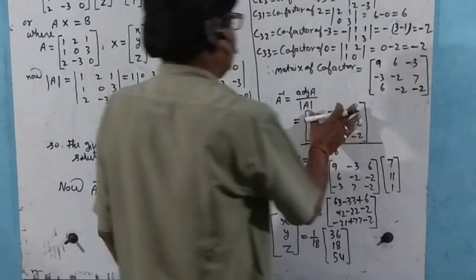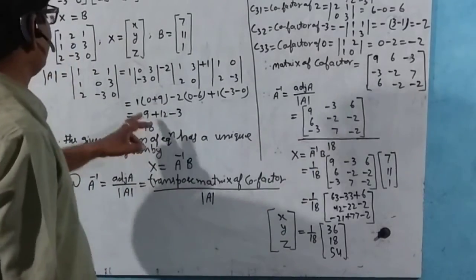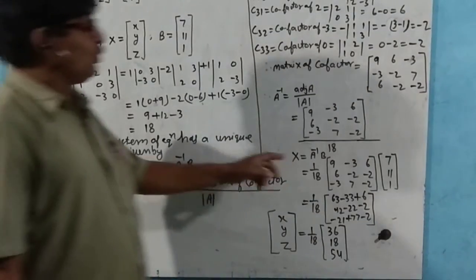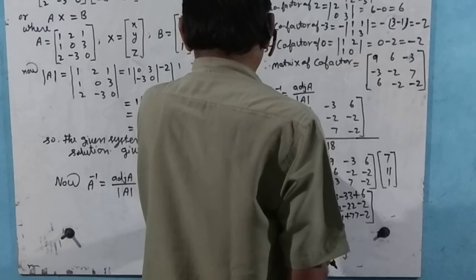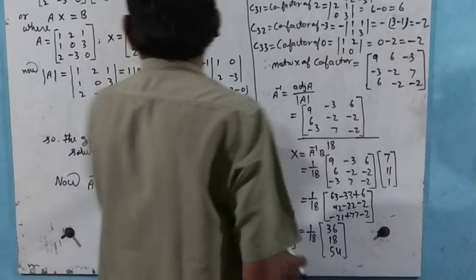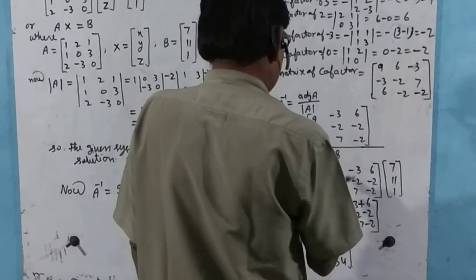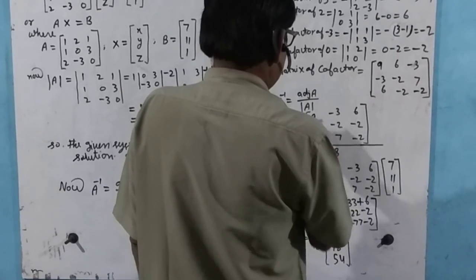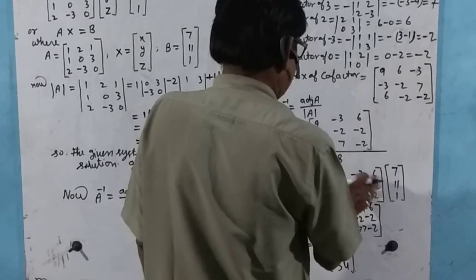We have calculated the determinant of A equal to 18, so X is equal to A inverse B, where A inverse is 1 by 18 of these terms.